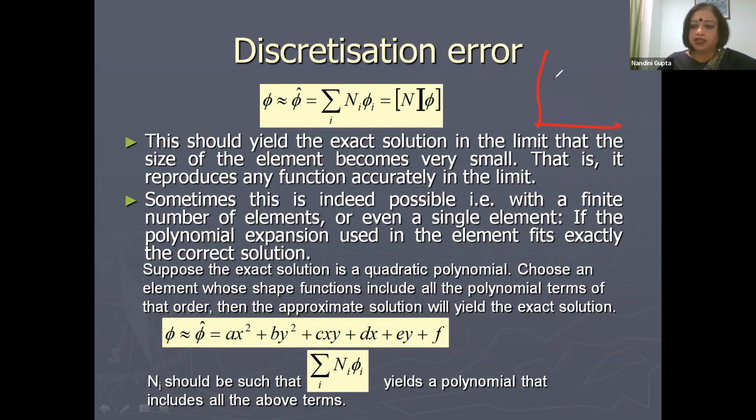So what you are doing is, let's say you have just one element, and you are fitting a linear solution, subject to the boundary conditions: phi at 1 is equal to phi 1, and phi at L is equal to phi 2. These conditions have been satisfied. So you have 2 points.